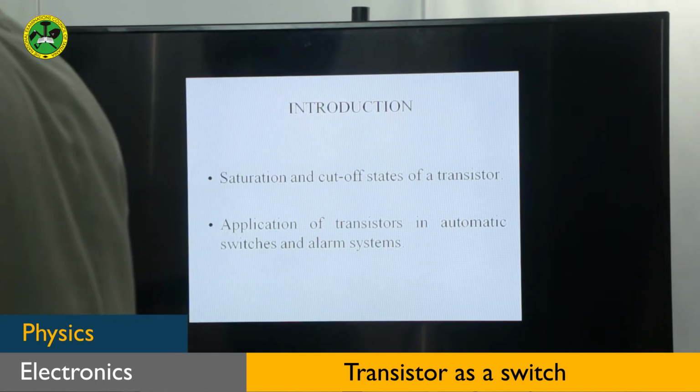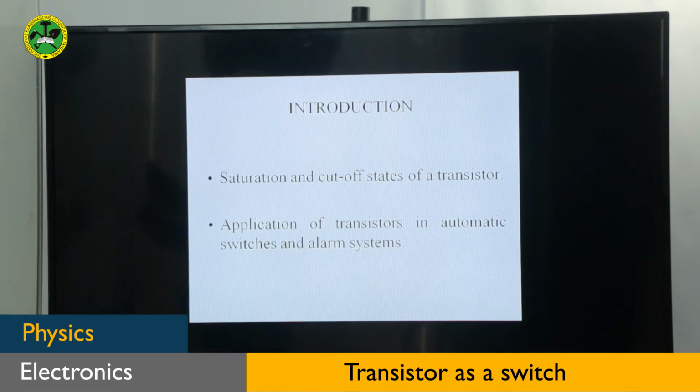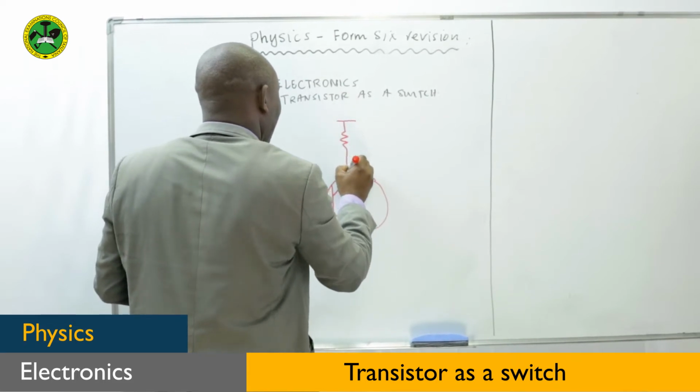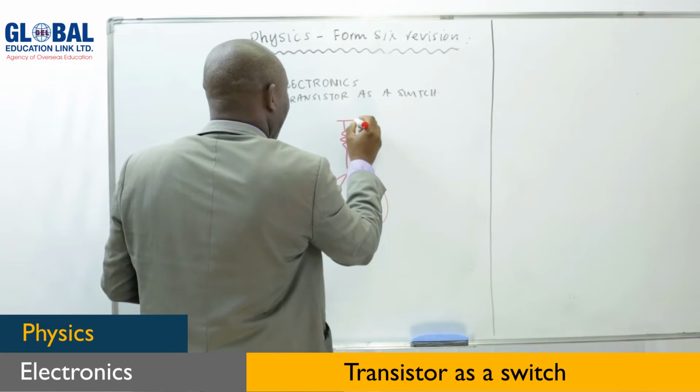Now, to talk about the saturation and the cutoff state of a transistor, let's consider the previous circuit that we drew. This was our circuit. We had this NPN transistor. You can use NPN or PNP. And this is our resistor, RL.